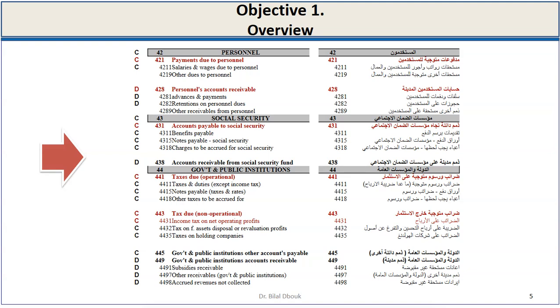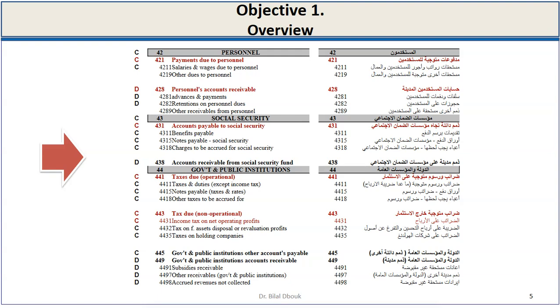Also, we have account 421. Here we record all accounts related to payments due to personnel. Also, 428, for accounts receivable related to our personnel who are working inside the company.